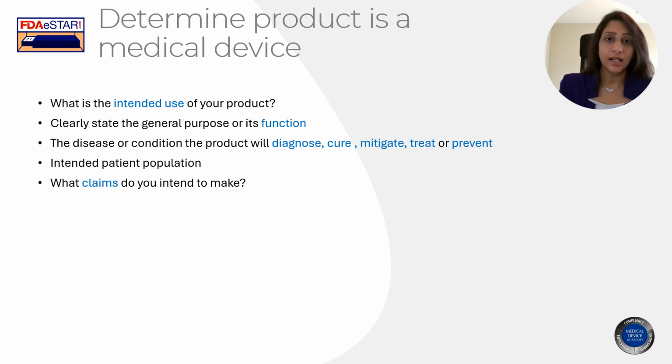Second, clearly state the general purpose or its function. Third, define what disease or condition the product will diagnose, cure, mitigate, treat, or prevent. Fourth, define the intended patient population this product is intended for use. Fifth, what claims do you intend to make?